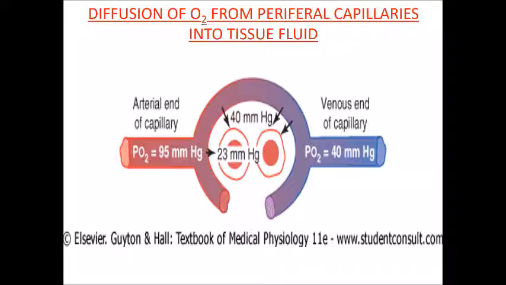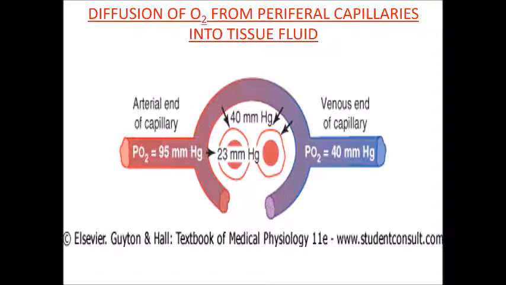Now let us discuss diffusion of oxygen at tissue level. So at the tissue level, diffusion occurs at systemic capillaries. The PO2 of the arterial blood which is entering into the capillary is 95 millimeter of mercury.